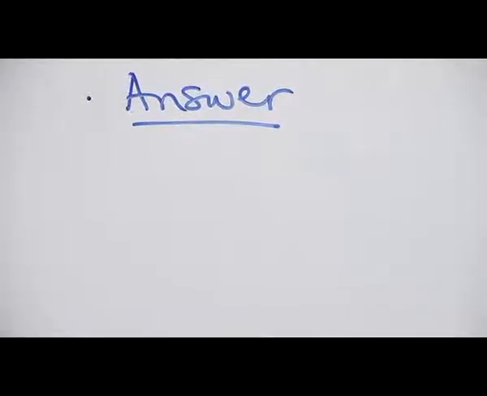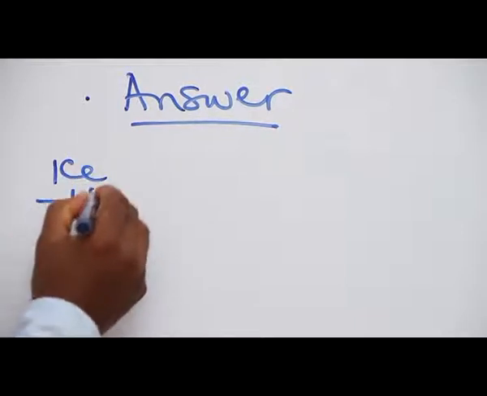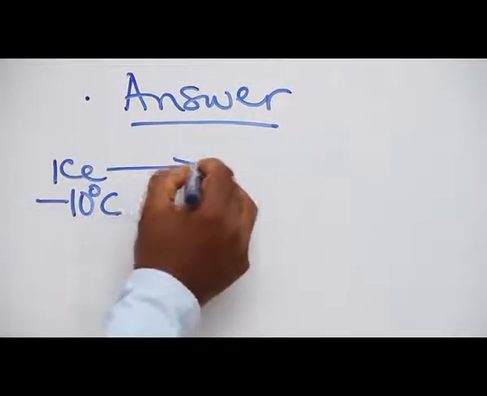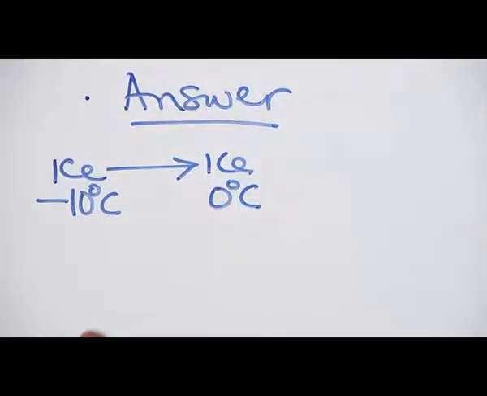We have to observe the graphs given and point out the necessary faults. The ice was initially at a temperature of minus 10. And when heated, the temperature will first get to 0 degrees Celsius.